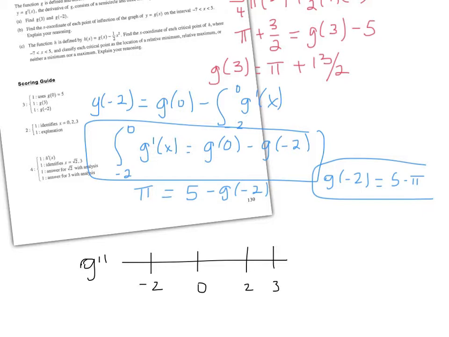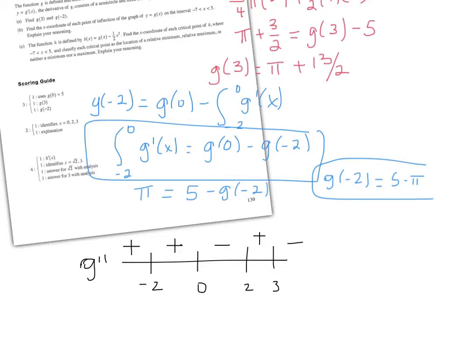So the slope of g prime was positive until you got to that first corner. So it was positive because it was going up, right? And then it was still positive. And then at 0, it all of a sudden went down. Do you guys know what I'm saying from your picture? And then the slope was positive. And then after 3, it was negative.